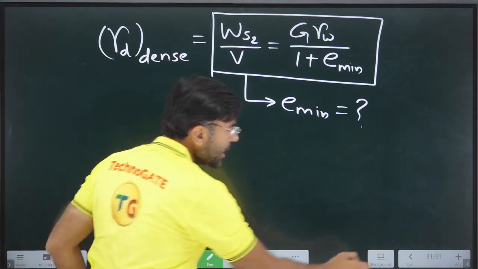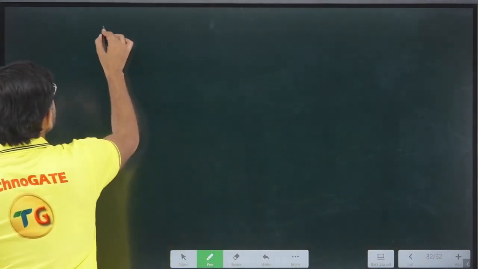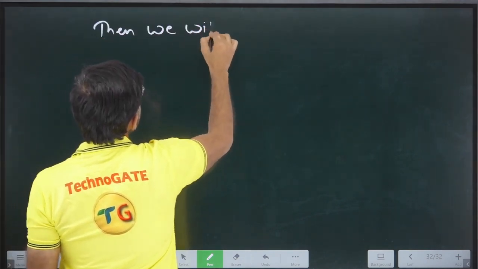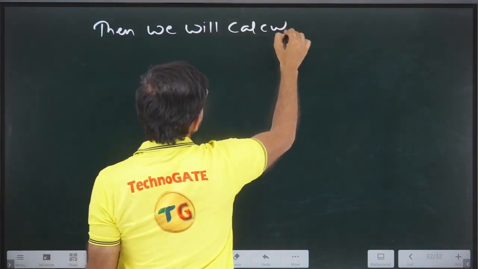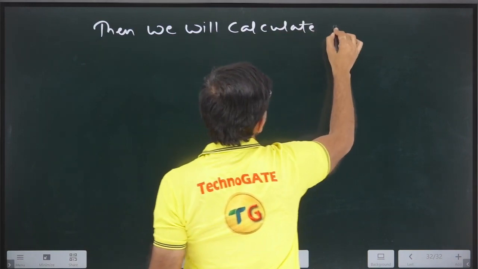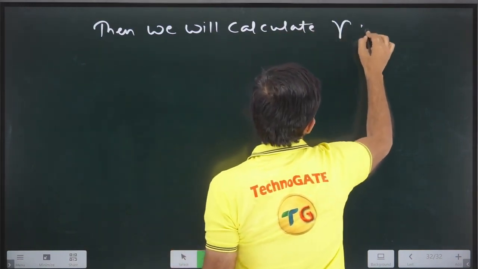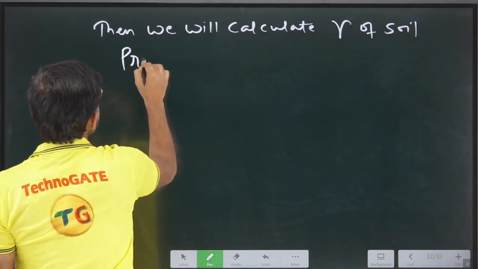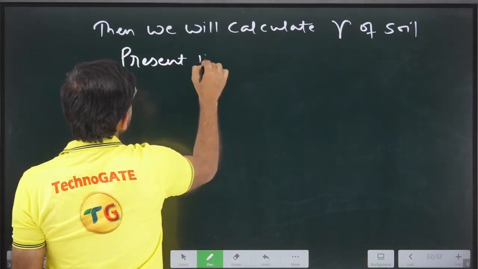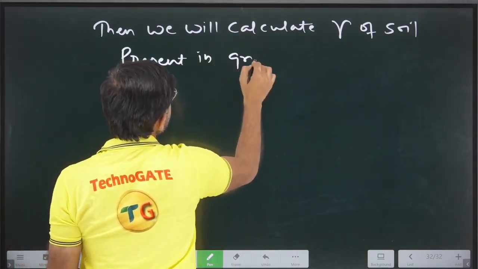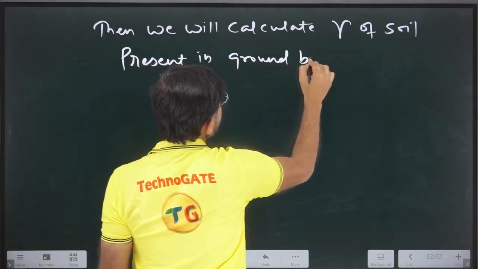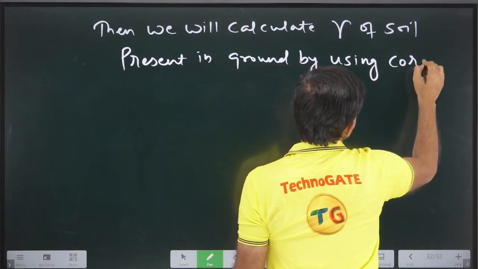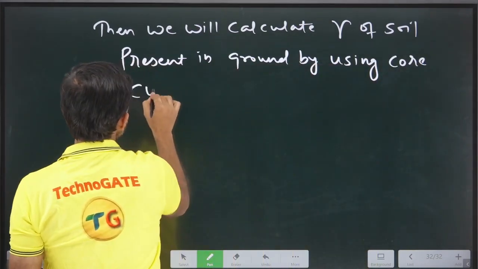So step number 3. Then we will calculate bulk unit weight of soil present in ground by using core cutter method.